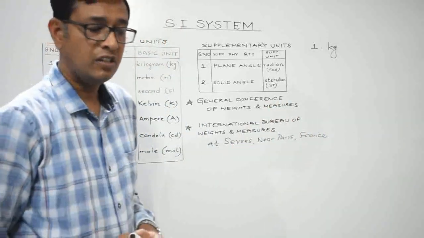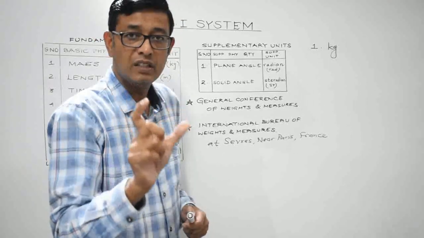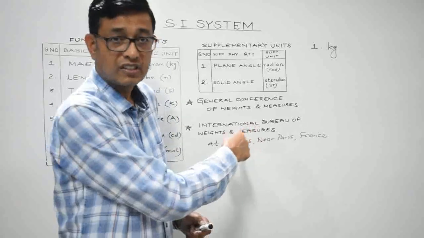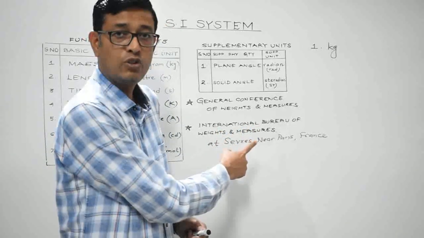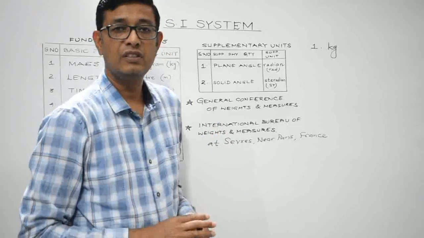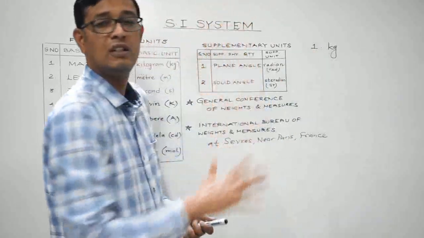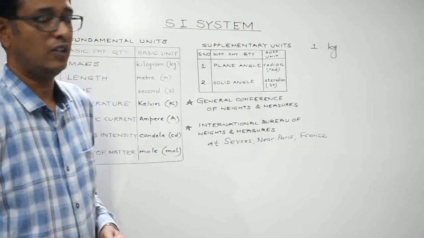So 1 kg is the mass of a platinum iridium cylinder which is kept at the International Bureau of Weights and Measures. It's at Sèvres near Paris, which is in France. So that's the standard definition of kg or kilogram, right?